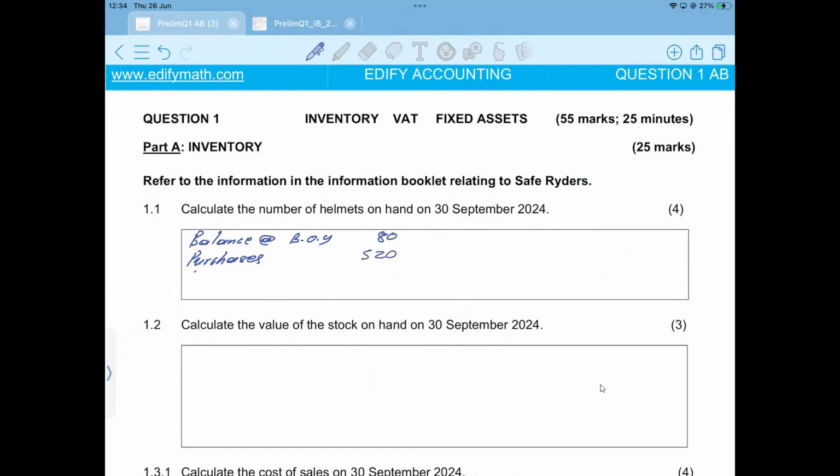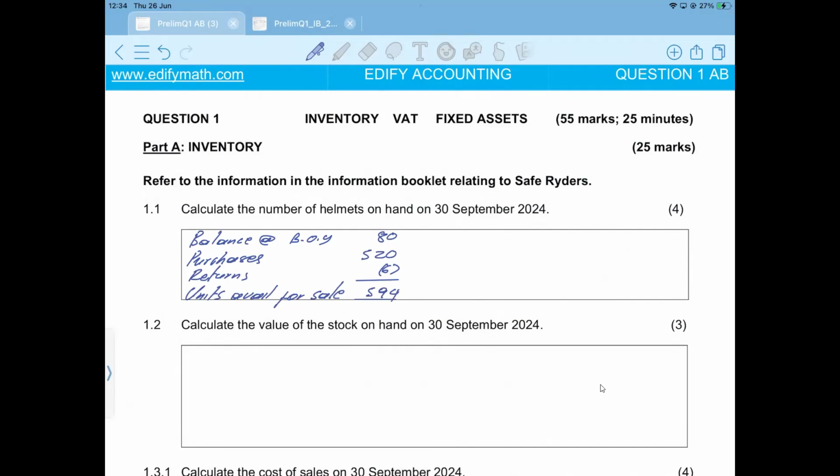And then you subtract the returns, and there were only 6 returns. This will give you units available for sale. Now let's calculate 80 plus 520 minus 6. It gives you 594.